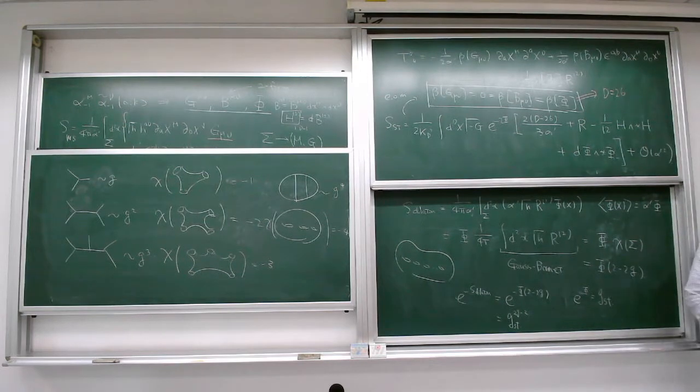So one can tune it by adjusting the vacuum expectation value of the dilaton field. That is how we can explain the string coupling constant that appears. It is just the vacuum expectation value of the dilaton. Any questions so far?